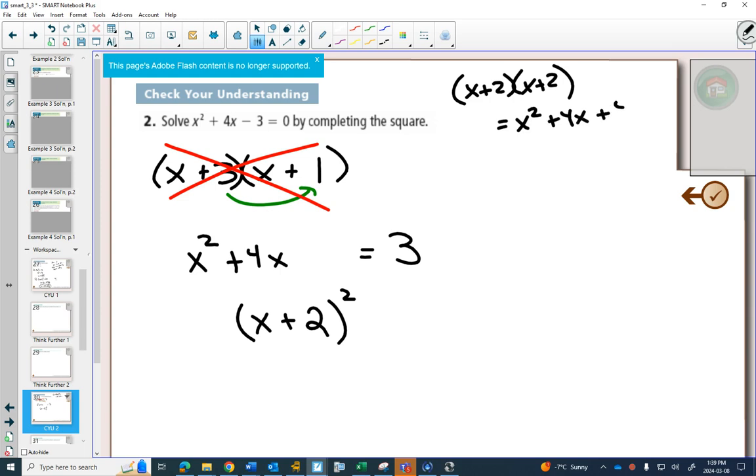It's so close, but it has this extra plus 4. So I'm going to draw a space right here and say this would work if I had a plus 4 there. But if I add 4 to the left side, I also need to add 4 to the right side, which would mean I have 7 on this side.